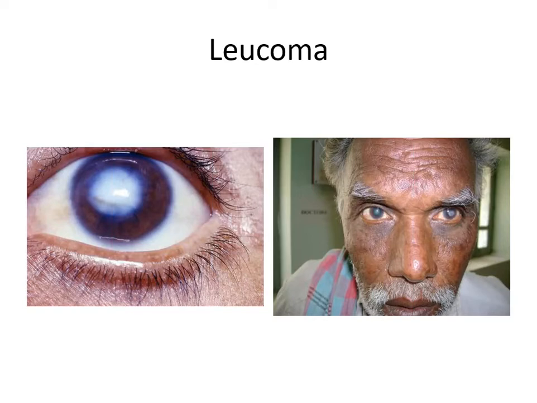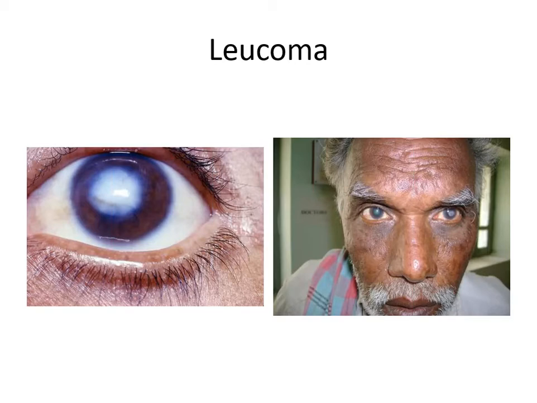That is a nature given protective phenomenon. So when healing occurs, the leukoma will have iris incarceration into it. Got it? So to have an adherent leukoma, the patient should have had a penetrating trauma or perforated ulcer. These are the two prerequisites to develop adherent leukoma.